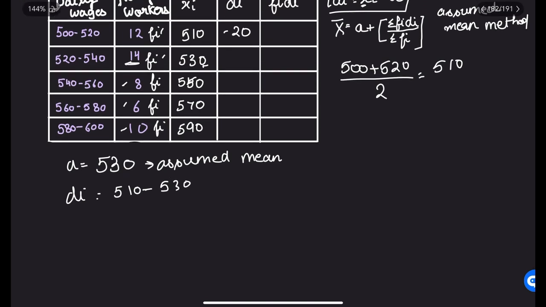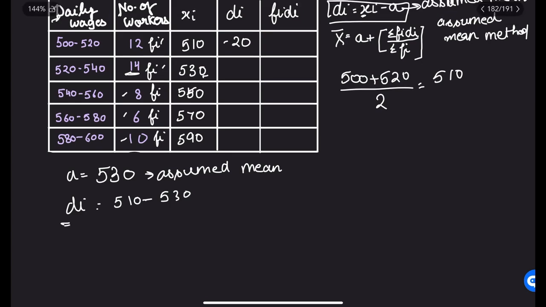Again for 520 to 540, it will be 530 minus 530, that would be 0. Once again, xi minus a, again it will be 0.